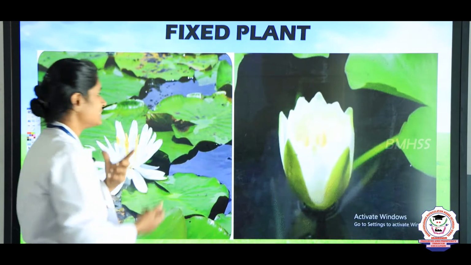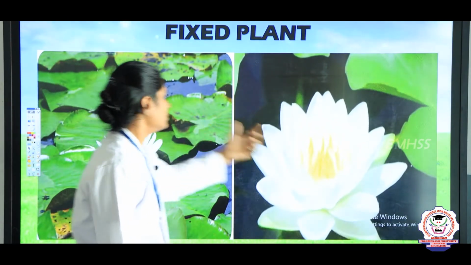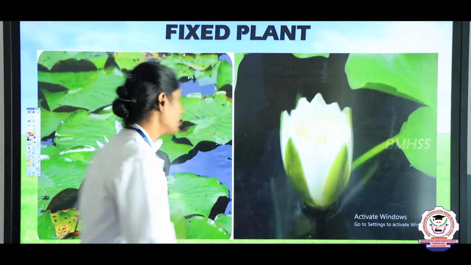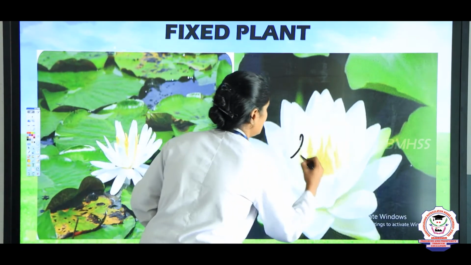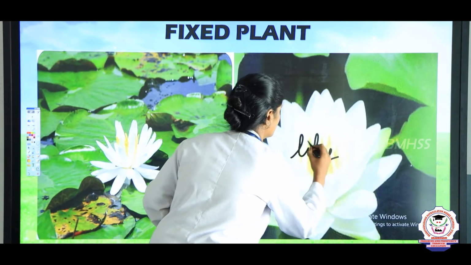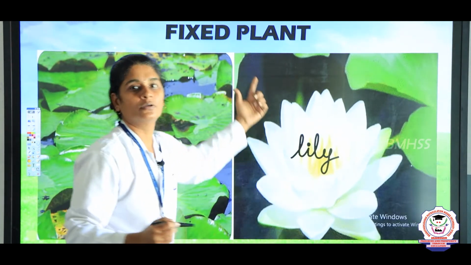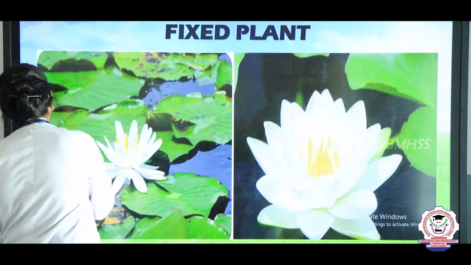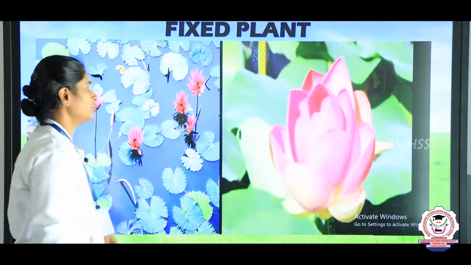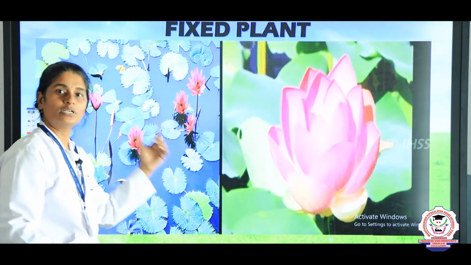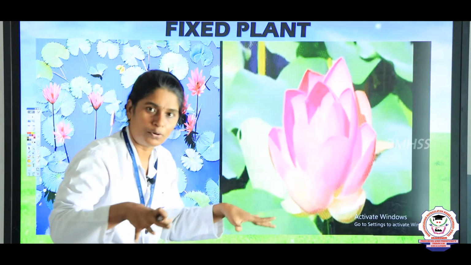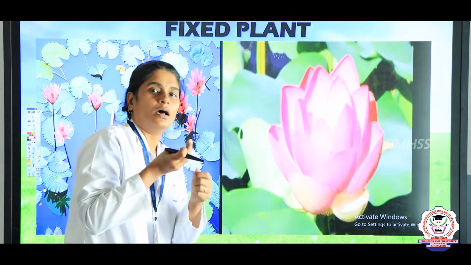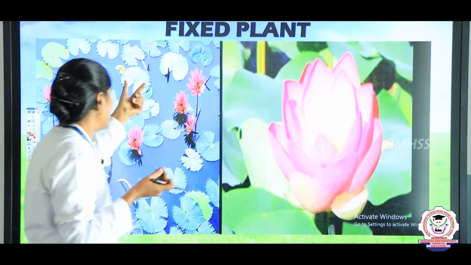What are the examples of these plants? This one is the water lily. Lily is an example of fixed plants. The next example is lotus. In lotus also the leaves float and are very broad, and a waxy texture is present on the leaves.